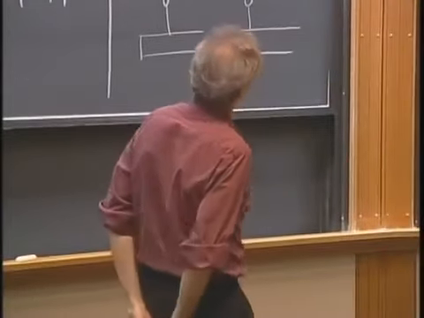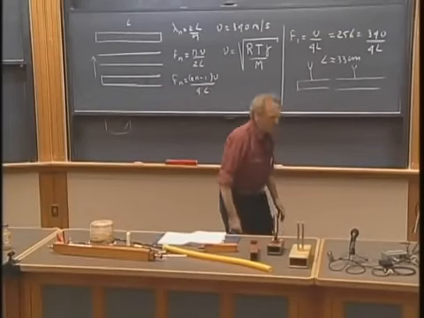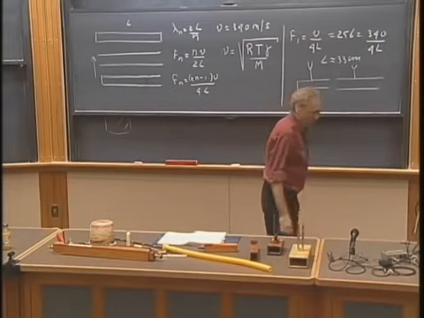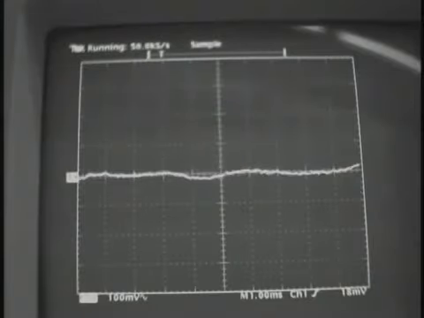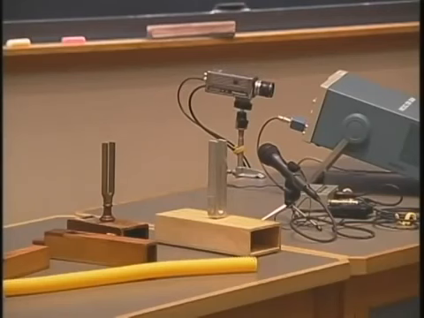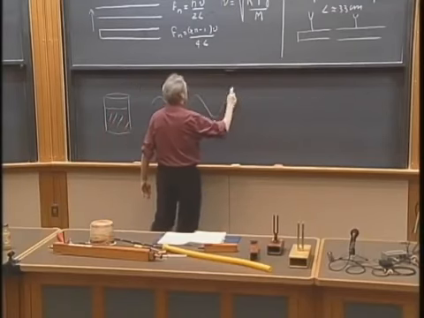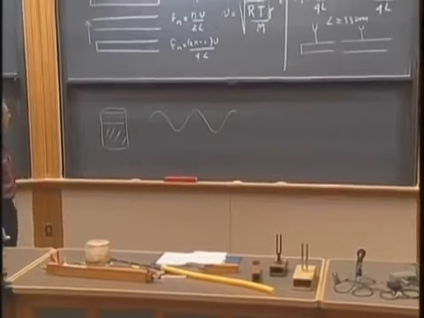And the way that we're going to demonstrate that to you is as follows. We have here a microphone, and I will first make you listen to a tuning fork, for instance 440 hertz, which will give you this signal, time, and the amplitude of the membrane of the microphone.